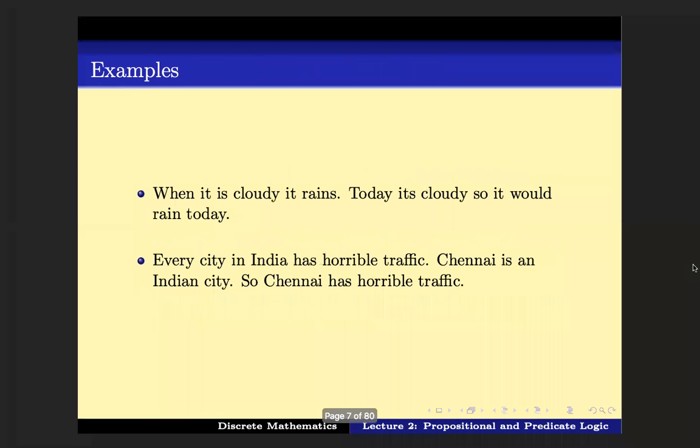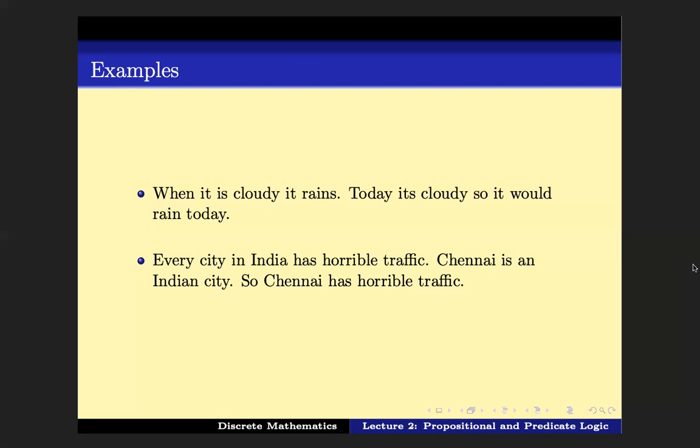Okay, good. Here is an example: when it is cloudy, it rains. Today it's cloudy, so it will rain today. Here a lot of things are composed inside this.